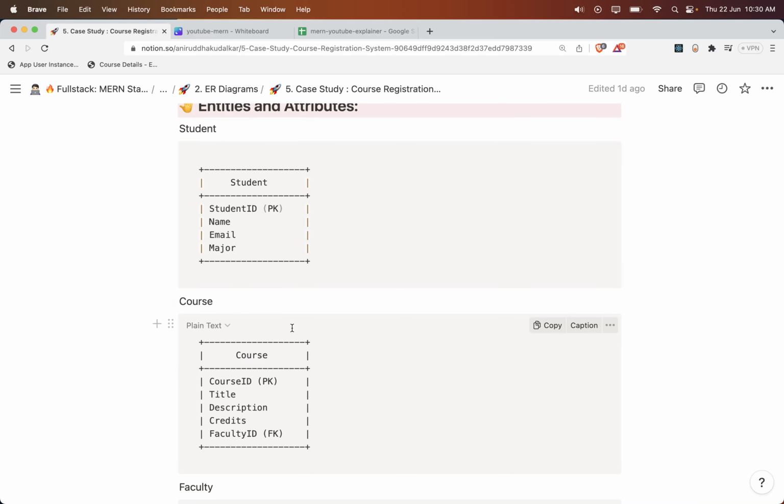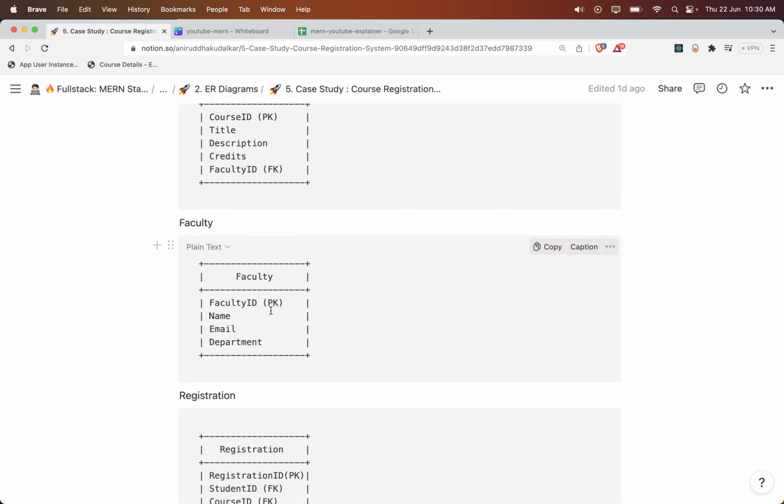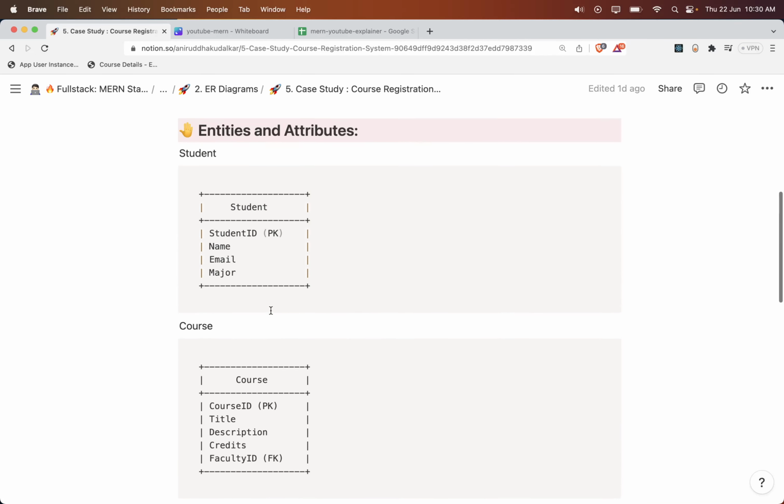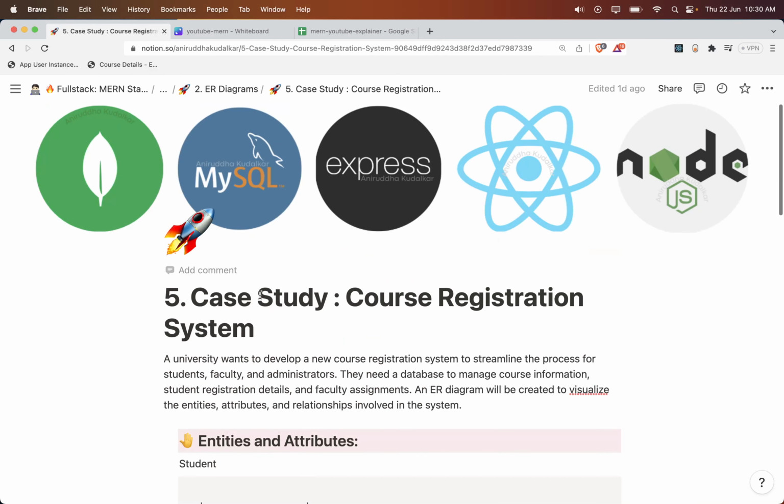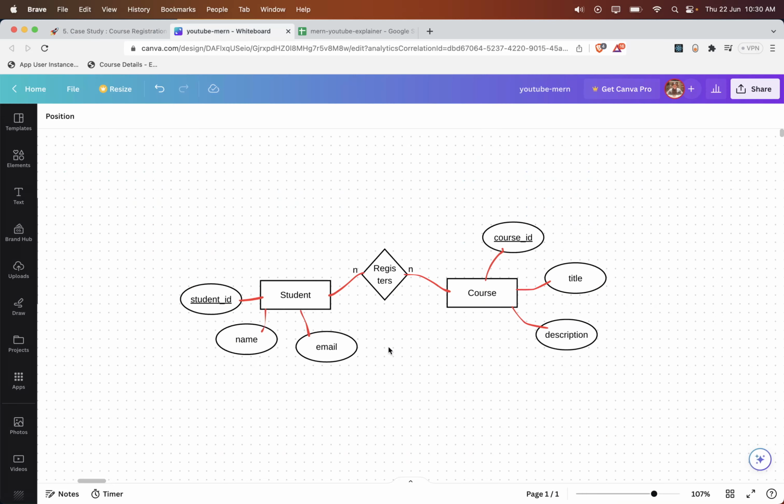Now it is your responsibility to complete the entire ER diagram for this requirement, right? It is not necessary that you should use some software only. What is important is the understanding of the ER diagrams. You can use pen and paper, you can use the whiteboard, but implement the ER diagram somehow.